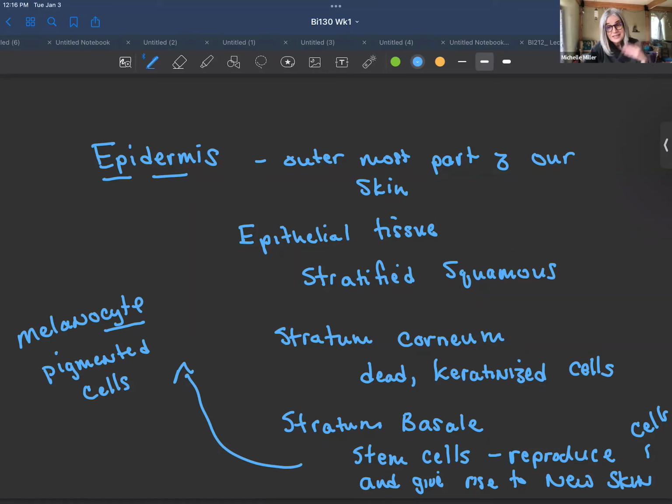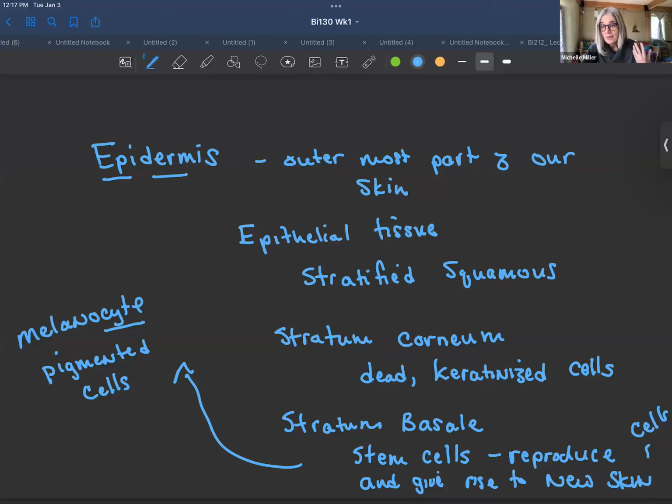These melanocytes can actually protect against ultraviolet radiation or sunlight, so that when you expose your skin to sun, it tans in order to protect the genetic material from the mutagenic effects of UV radiation. And so these melanocytes are really important in that.